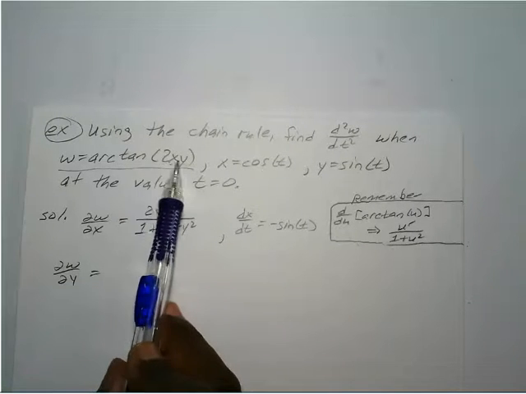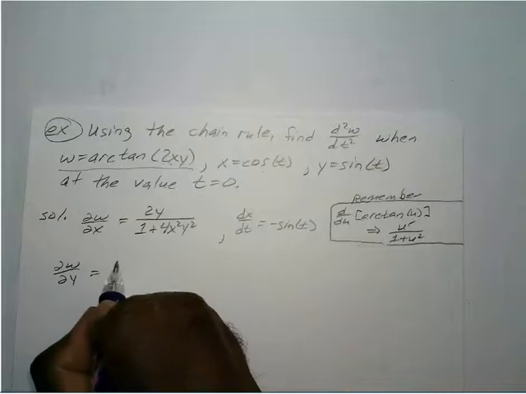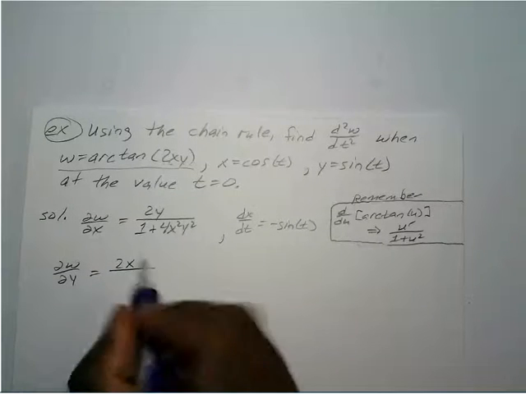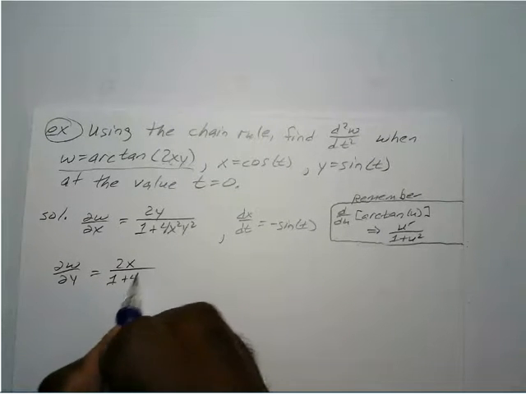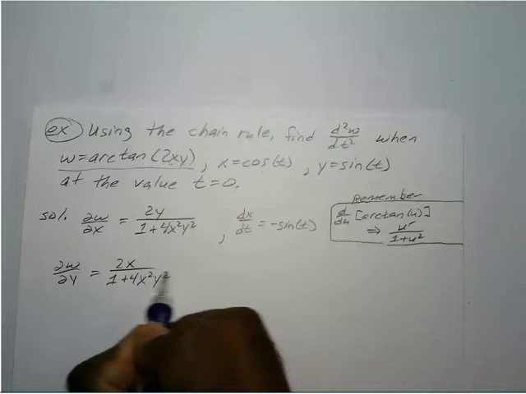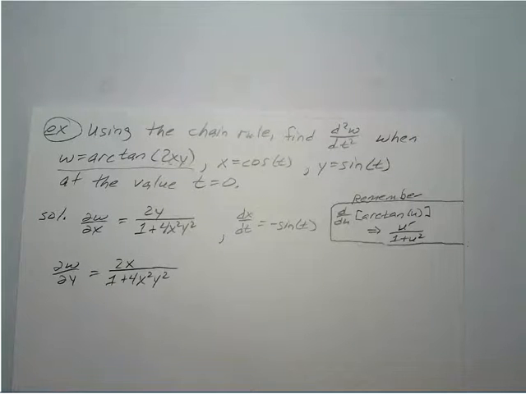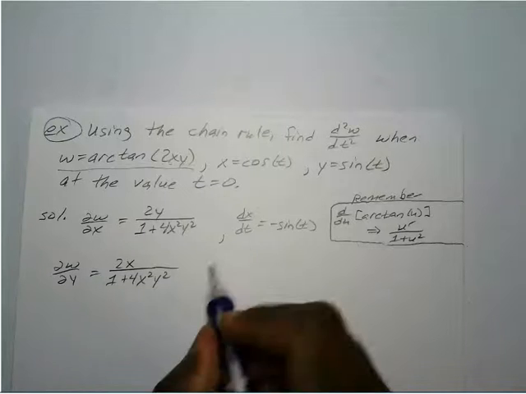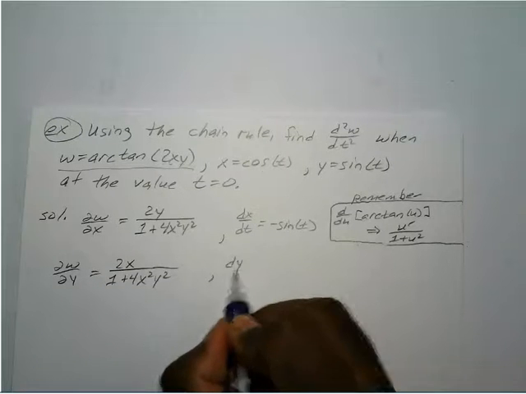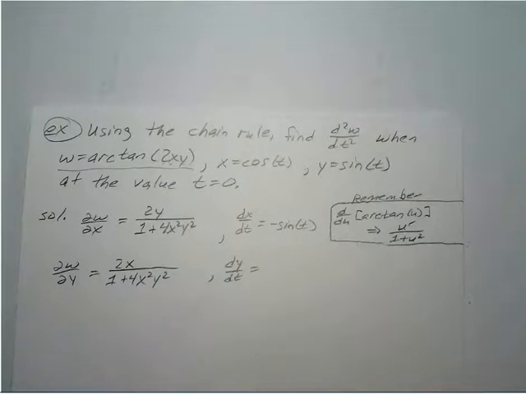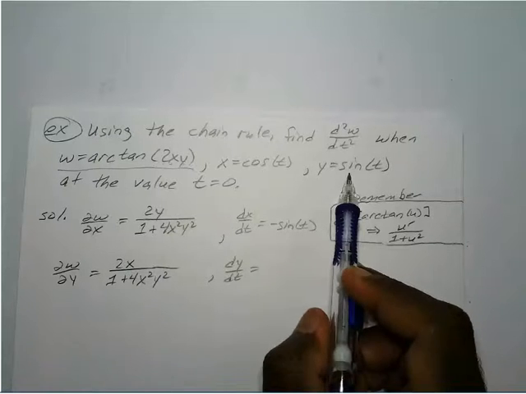So that's just the derivative of y with respect to y, which is 1. So you have 1 times 2x over 1 plus 4x squared y squared. And then we just need our derivative of y with respect to t. The derivative of sine is just cosine.